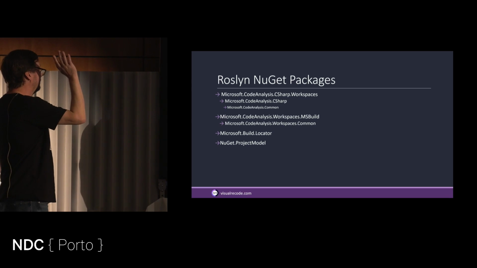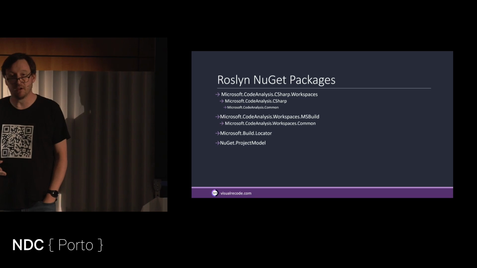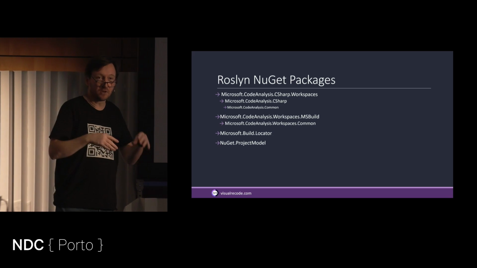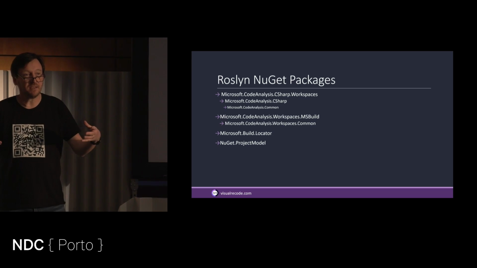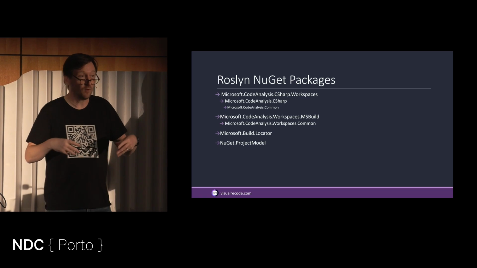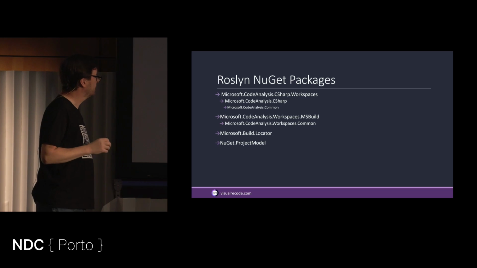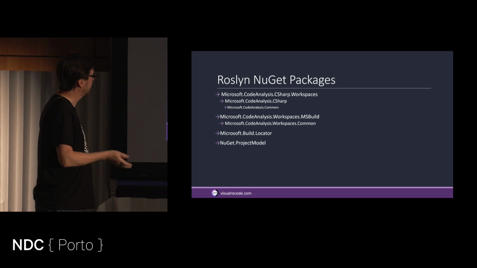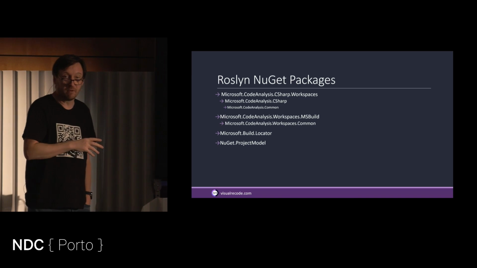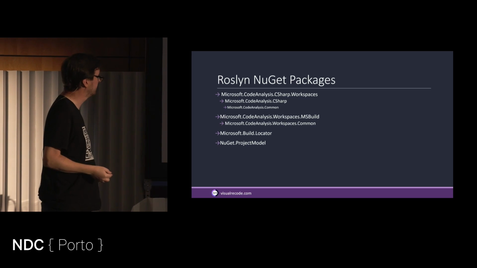So yes, and we've got Microsoft.CodeAnalysis.CSharp.Workspaces, and Workspaces is your top level thing. So your workspace contains your solution, and your solution contains your projects, and your projects contain your documents, and your documents contain code. And the thing that you nearly always need to bring in before anything else is Microsoft.CodeAnalysis.CSharp.Workspaces.